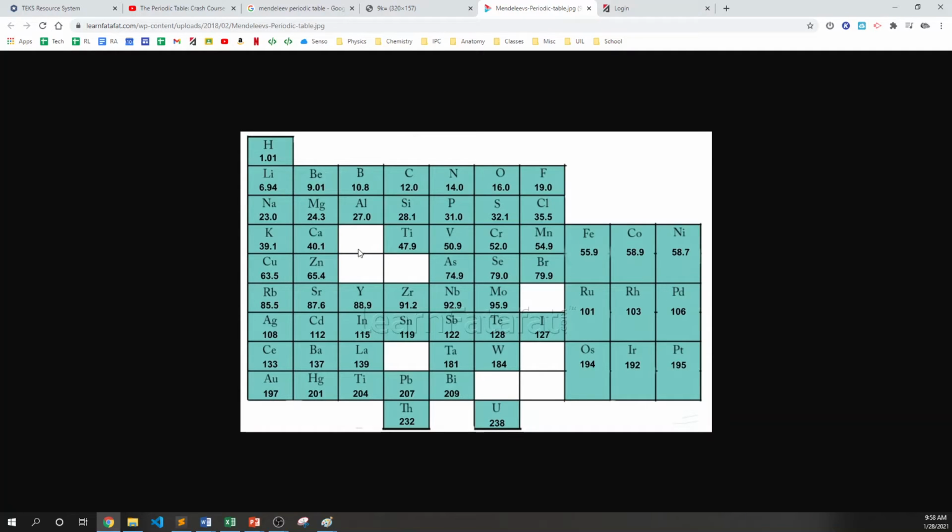And he was able to see gaps in his table. He put question marks and he predicted the mass of those elements. He was very accurate in his predictions of their mass and their properties. You'll notice he put the transition metals all the way on the right side, and not in between beryllium and boron.